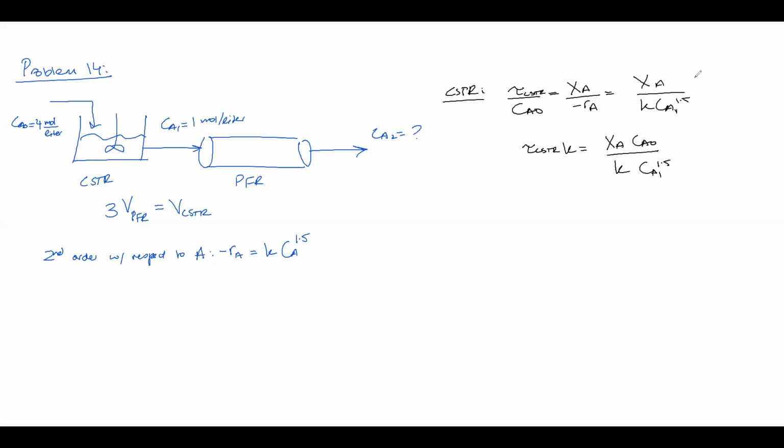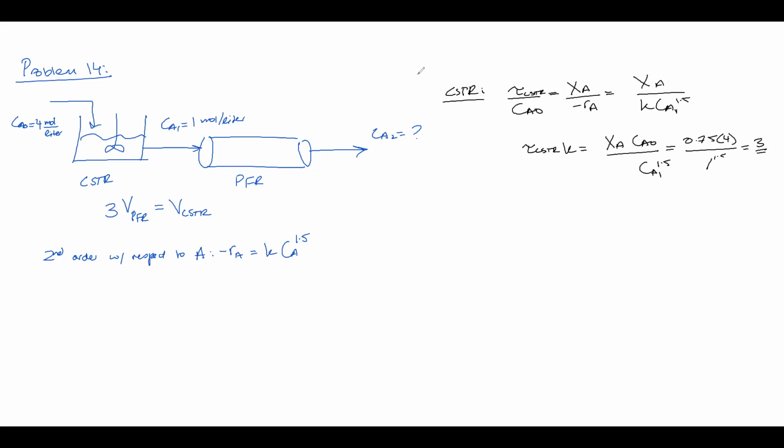Okay, so we know XA is 0.75, we know CA naught is 4, CA1 is 1, so I can get an expression for tau CSTR K. So this will be 0.75 into 4 divided by, actually, I don't need this K here, you already moved it up. So this will be CA1, which is 1 to the 1.5, 0.75 multiplied by 4. This is equal to 3, right? So tau CSTR K is equal to 3.